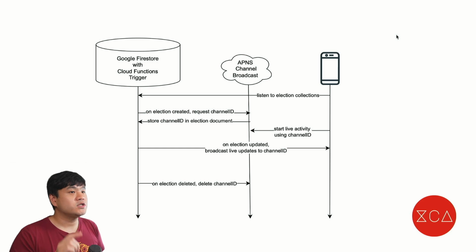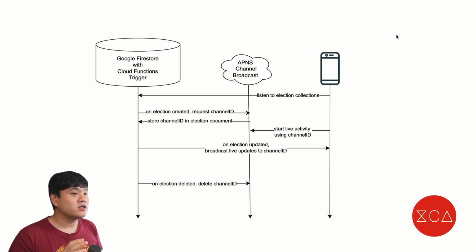First we store the election document using the Google Cloud Firestore database inside the elections collection. Then we attach the cloud functions to Firestore, which will trigger our server-side code anytime an election document is created, updated, or deleted.